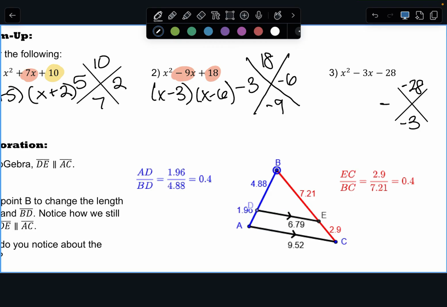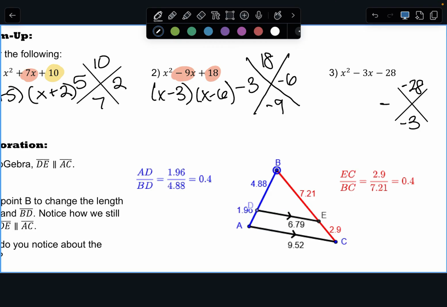2. Okay, so if I do 2 and 28, that'd be 2 times 14. Will 2 and 14 ever get me 3? No. Okay. What else can I divide 28 by? 4. 28 divided by 4 is what? 7. Okay. Will 4 and 7 ever get me 3? Okay. So one's 4 and one's 7.